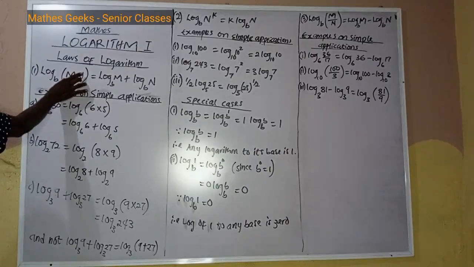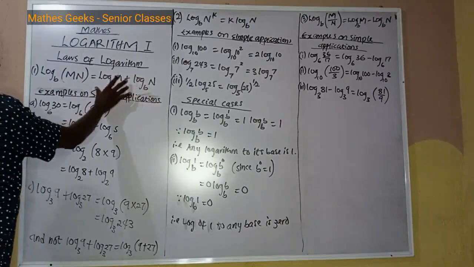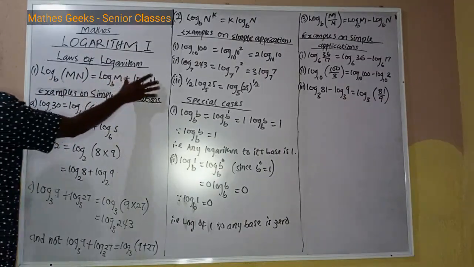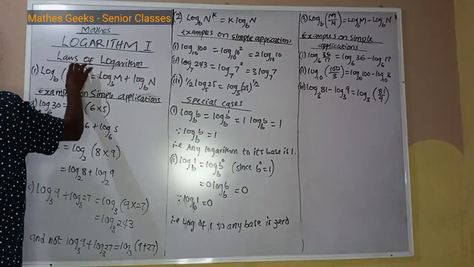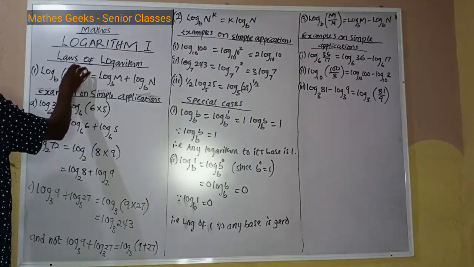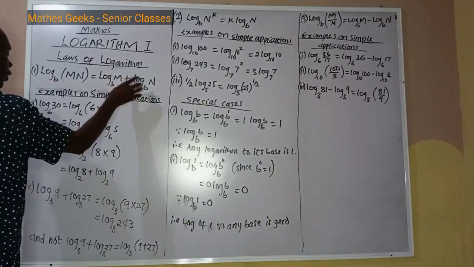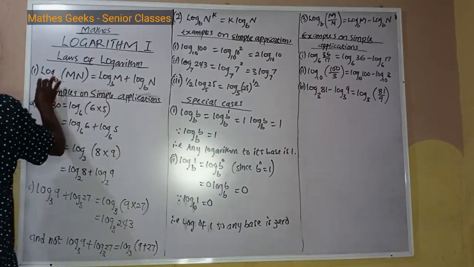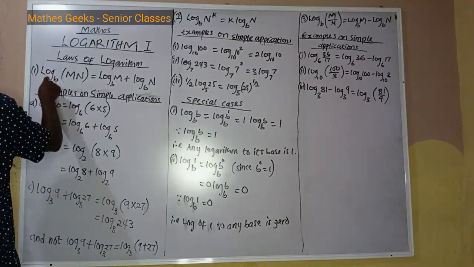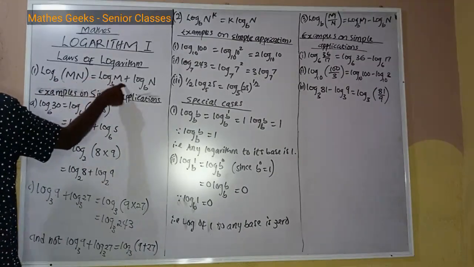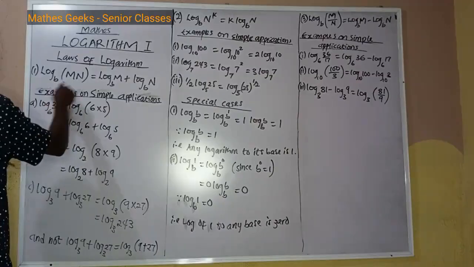So mn is multiplication here, but when trying to get the solution, you have the respective logs to the base b individually. So log mn to the base b is equal to log m to the base b plus log n to the base b. That's what it implies.